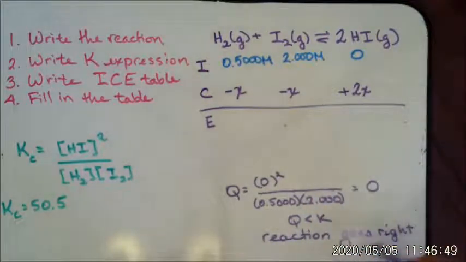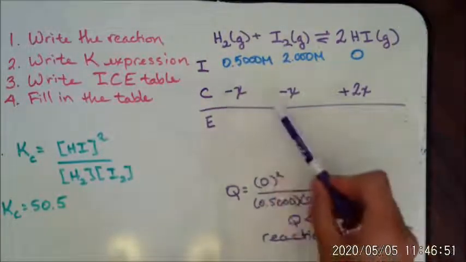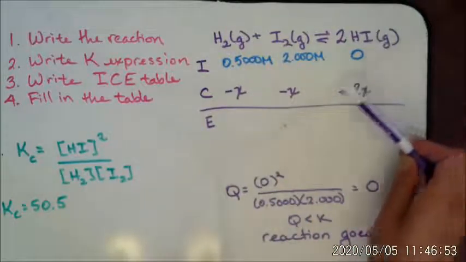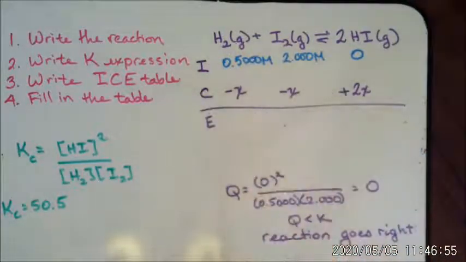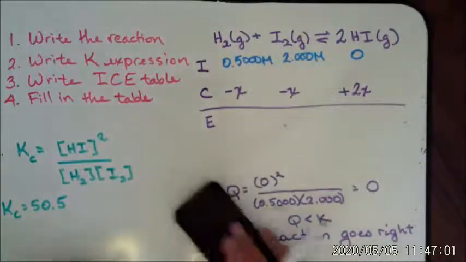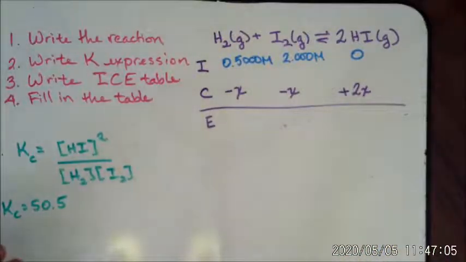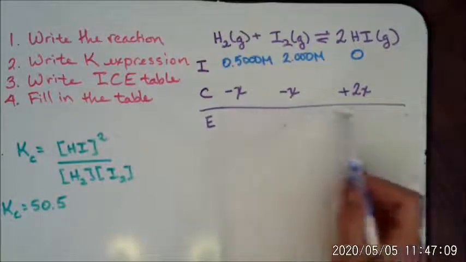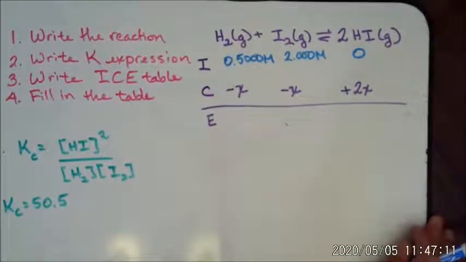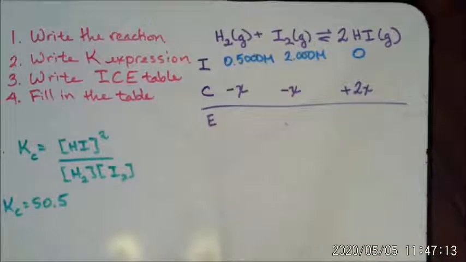If my reaction were going left, then those would be plus, plus, and that would be minus, because I have to go in that direction. Okay, so when we're done here, it gets to the point where we're so used to seeing Q equals 0 and the reaction going right, this becomes instinctive. But it's really important to stop and make sure you know it's going to the right.